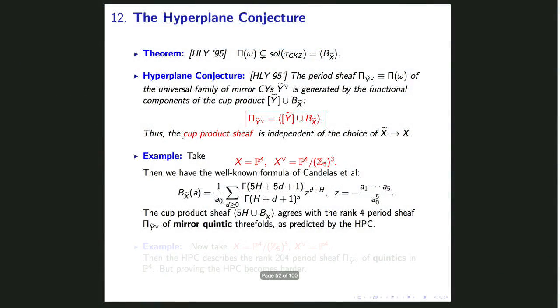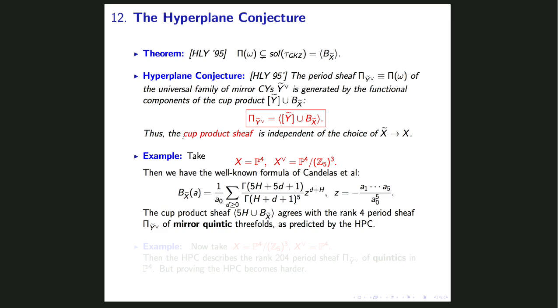So here's an example that goes back to the famous paper of Candelas and company in 1991. If you take X to be CP4 and X check to be this finite quotient of CP4, a so-called mirror CP4, and you run through the machine that I talked about a few transparencies earlier, you can then immediately write down the B series. And the B series is just this nice function.